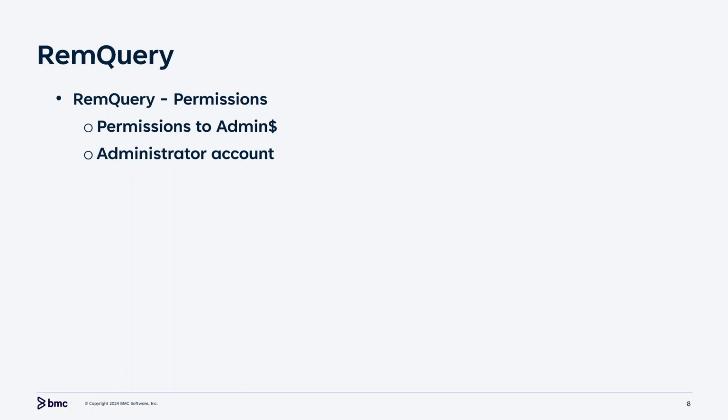Once the service is started on the target, the proxy sends the public key to the RemQuery service, which generates an encryption key, encrypts it with the received public key, and sends it back. The proxy then recovers the encryption key using its private key.